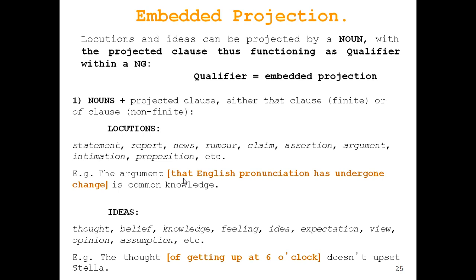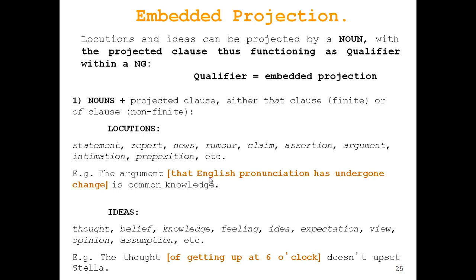If you take out the clause that you see here in square brackets, of getting up at 6 o'clock, do we know which thought we're talking about? No. So you need that in order to know which thought we're talking about, and that means that the clause in here is part of the nominal group, the thought. So it's an embedded clause.